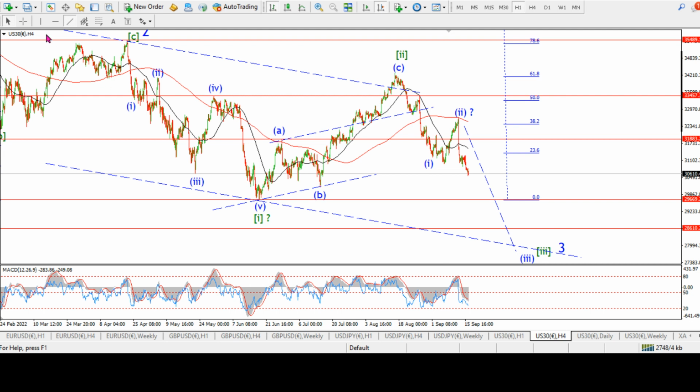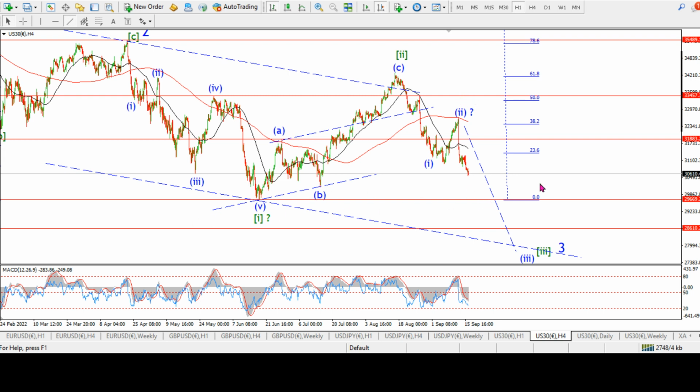Here we are looking at the series of 1-2 patterns, and if this is correct, then the declines that have happened lately are also a series of 1-2 patterns. So again, this corrective lower high, second wave, and now this week an impulsive move lower again.